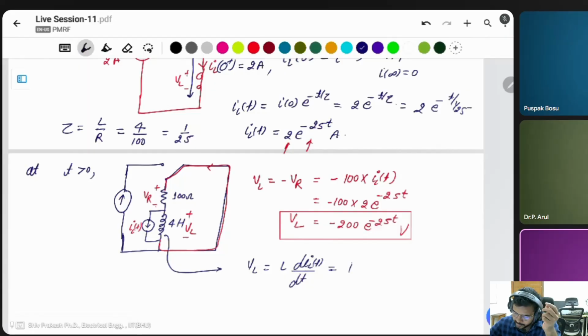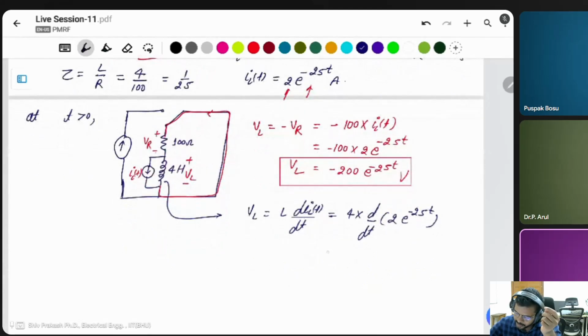The inductor is 4 Henry and the current is 2 e to the power of minus 25t. This will be 4 into 2 is 8, the differentiation is minus 25 into the same expression, so minus 200 e to the power of minus 25t. In both conditions this will be the same.